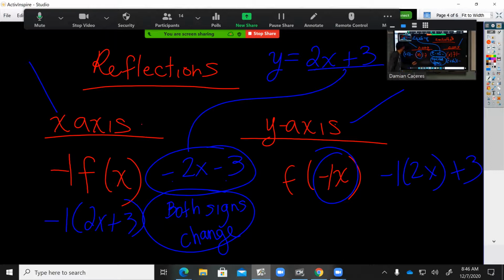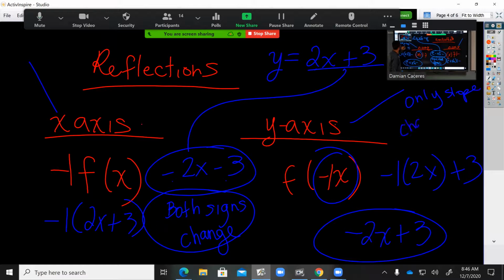So on a y-axis reflection, only the slope changes signs. Copy down.